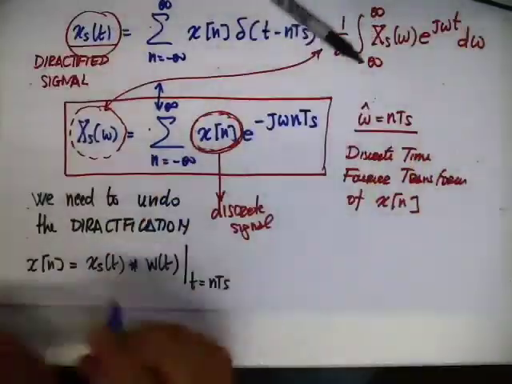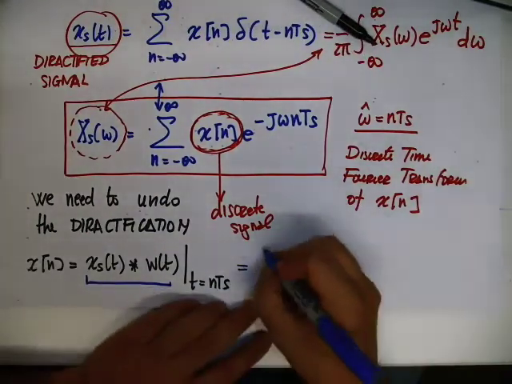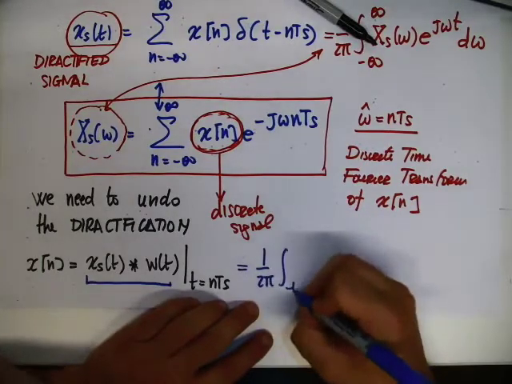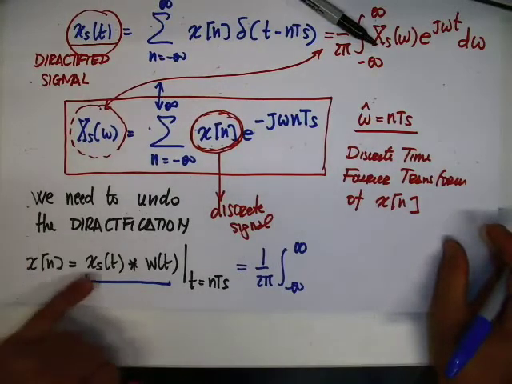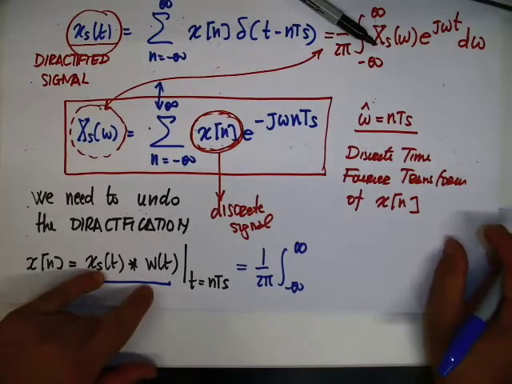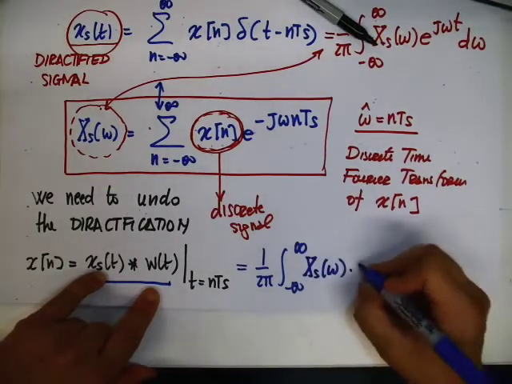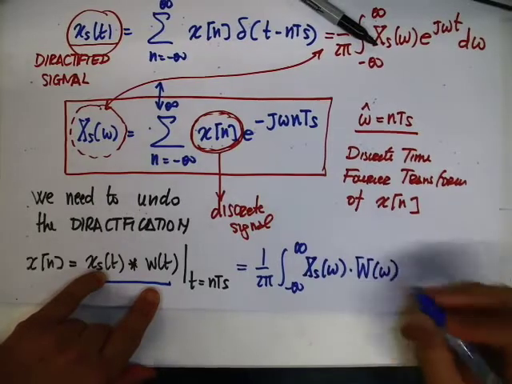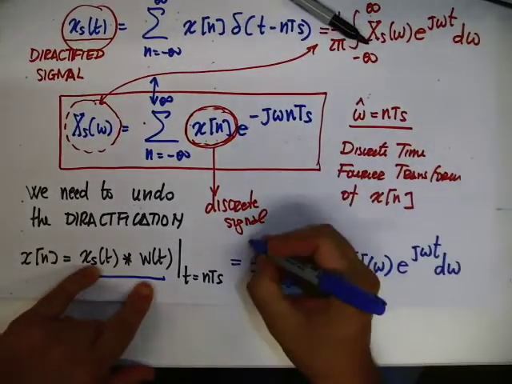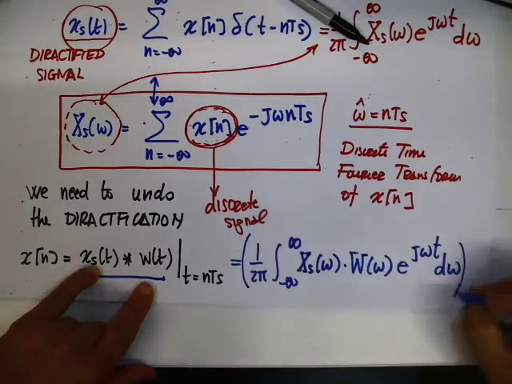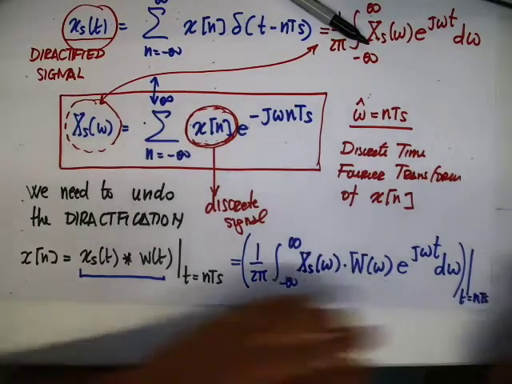But now we can use the duality property of the Fourier transform, which tells me that this is equal to 1 over 2 pi integral from minus infinity to infinity of what? The Fourier transform of a convolution is equal to the product of the spectra. So we have X_s(omega) times the Fourier transform of the window e^(j omega t) d omega, and all of this has to be computed at t equal nT_s.